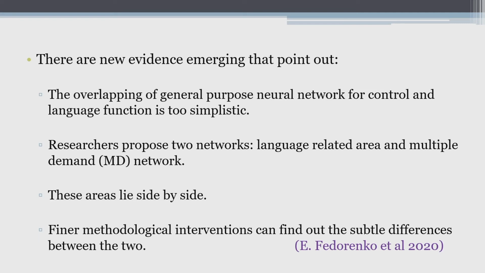New evidence is emerging from these groups of neuroscientists that the overlapping of a general purpose neural network for control and language function is too simplistic. What has happened in the past, as per Fedorenko and others, is that the findings reported are too simplistic, because they are always reporting a large area.